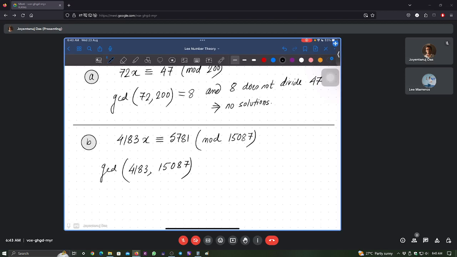Oh, 141. I just found the GCD. What is the prime factorization?